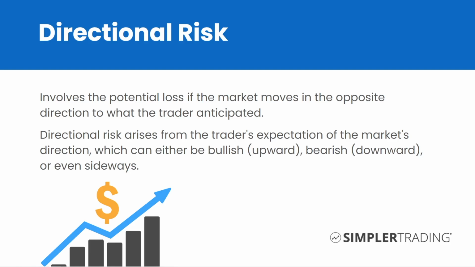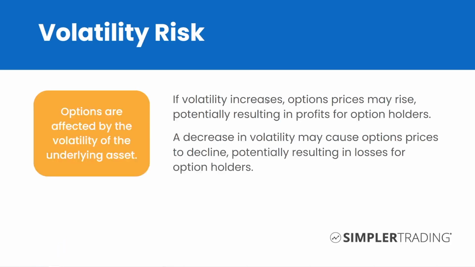They might have a bearish bias, thinking that the market or the symbol that they're tracking and trading is going to move downwards, or even a sideways direction. And that directional risk basically pops up when, for example, a trader might be thinking the market's going to go up and it actually instead goes down. So that's directional risk. There's also volatility risk, of course, right?